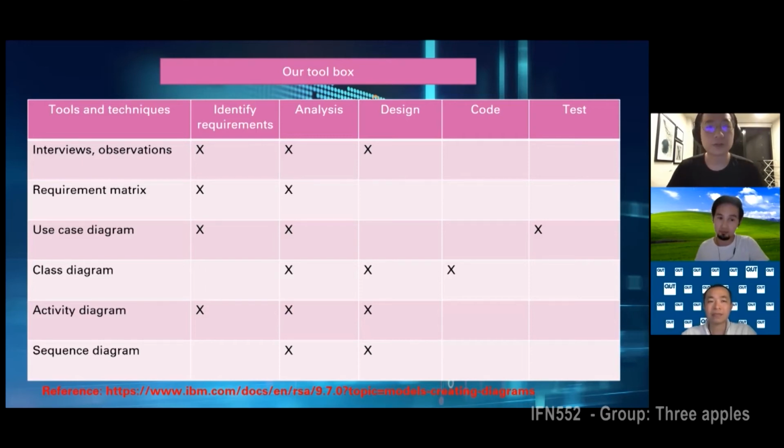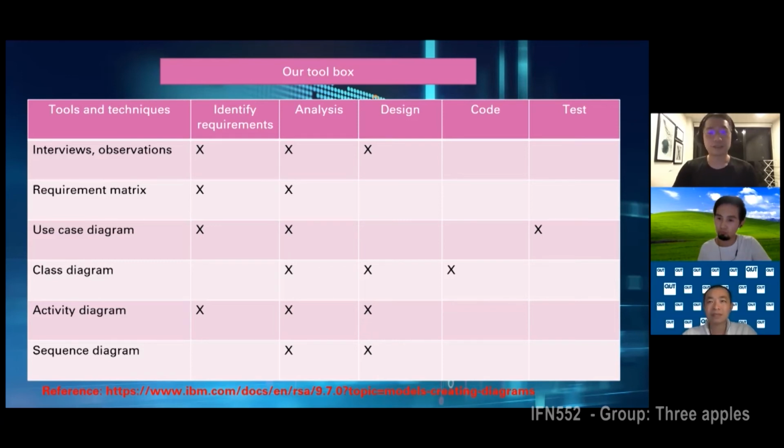For use case diagrams, they can be used to identify the requirements, and also for analysis and testing the final results. You can use these diagrams to determine the requirements of the system, describe what the system should do, and provide the basis for testing to ensure that the system works as intended.